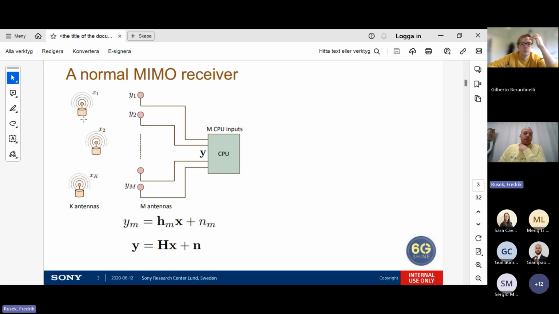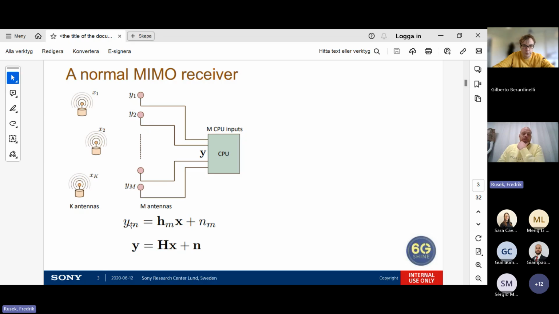You have K antennas or users, and what is important on the user side is how many spatial layers you are transmitting. I say K antennas, but it actually means how many data streams are being transferred in the uplink. You have a receiver, an AP, having M antennas. Each one is receiving one complex number in a narrowband system.